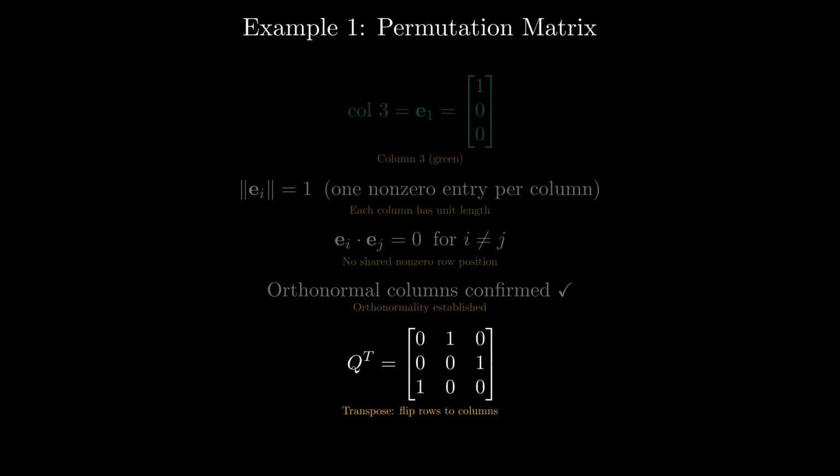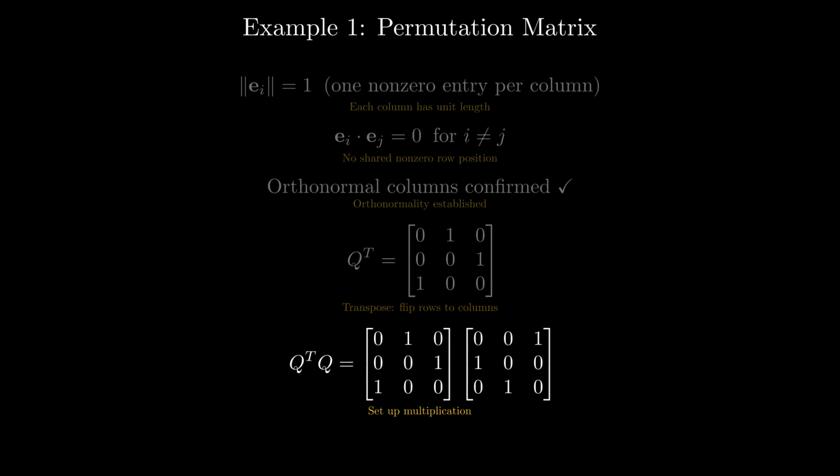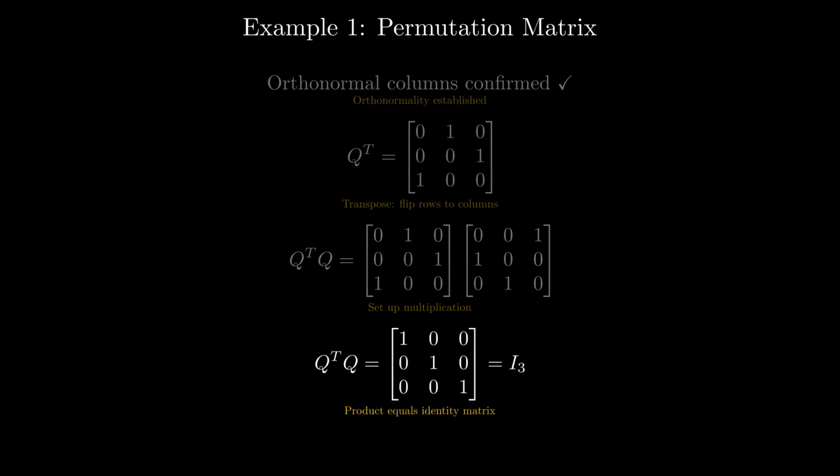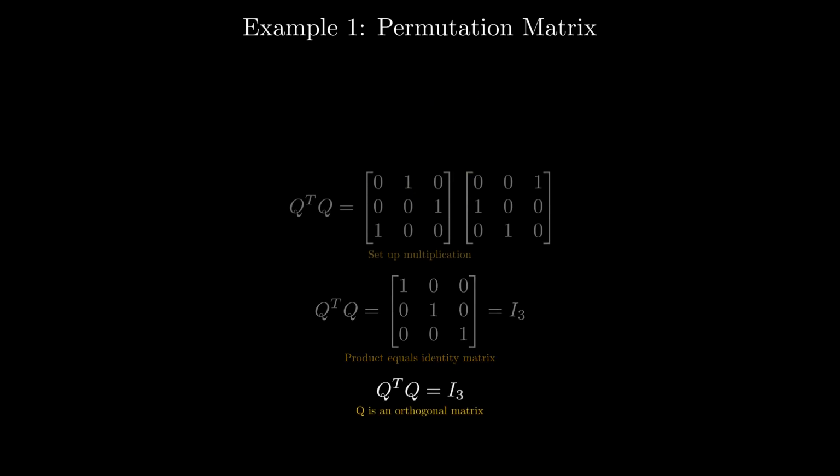We flip rows to columns, giving row 1 is 0, 1, 0, row 2 is 0, 0, 1, row 3 is 1, 0, 0. Finally, multiply Q transpose times Q. Every diagonal entry comes out to 1, and every off-diagonal entry comes out to 0. So Q transpose Q equals the 3 by 3 identity matrix. Notice that the transpose simply undoes the permutation. It sends the rearranged basis vectors back to their original positions.